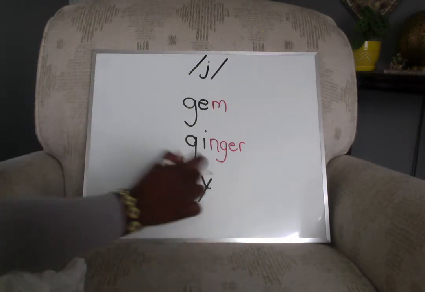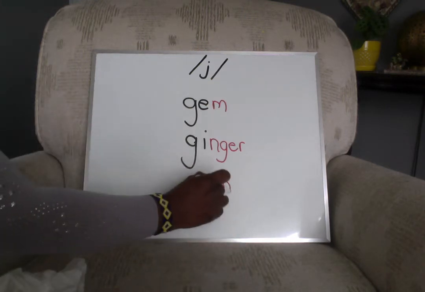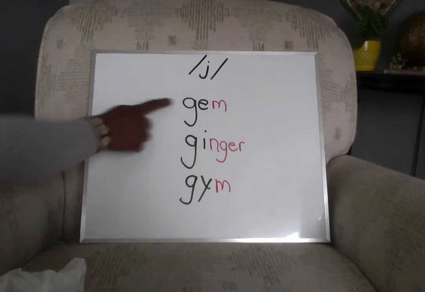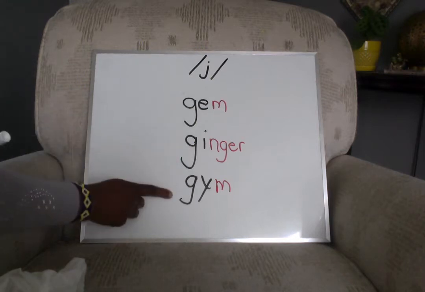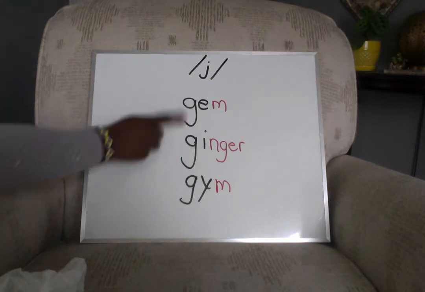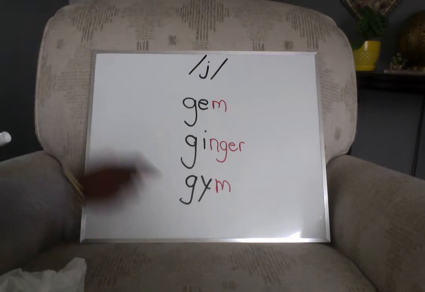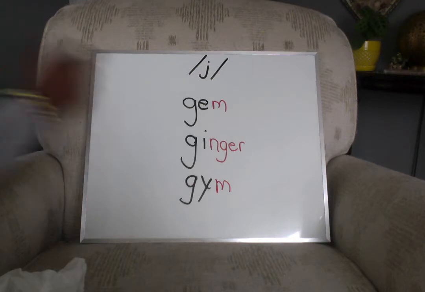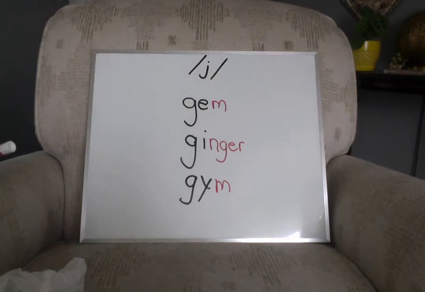Or some of you might really enjoy gym class. So all these words are familiar to you, I'm sure. Gem, ginger, gym. So when the G is followed by an E, I, or Y, it changes its sound to a soft sound and it sounds like J.